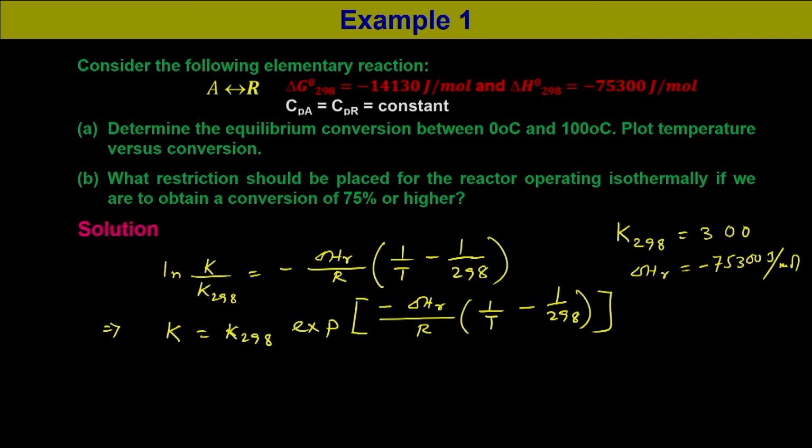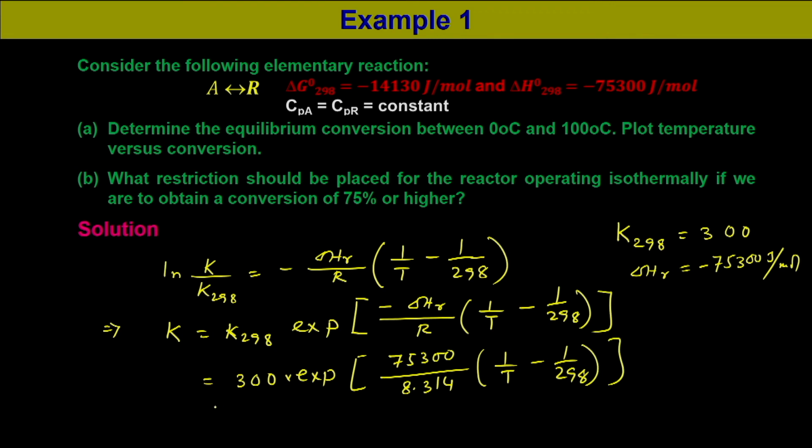Now, if we substitute this in this relation, we would obtain 300 exponential 75300 divided by 8.314 into 1 by T minus 1 by 298.